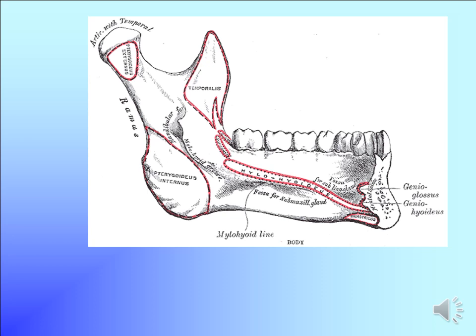This ridge divides superiorly the submental space and inferiorly the submandibular space, which contains the sublingual or submandibular salivary gland. On the ramus, the main foramen, at the level of the occlusal surface of the lower teeth, is called the mandibular foramen, which leads to the inferior alveolar canal.